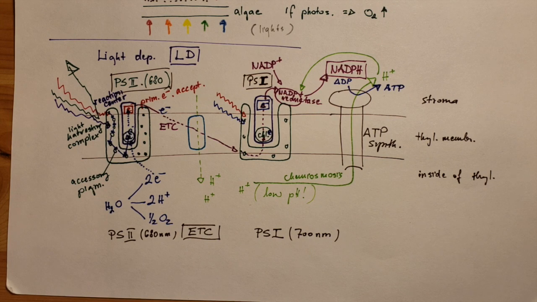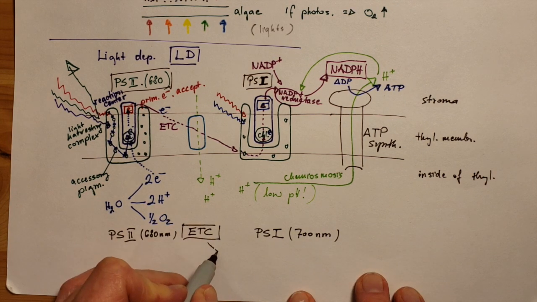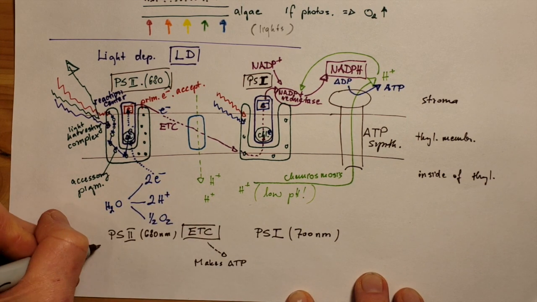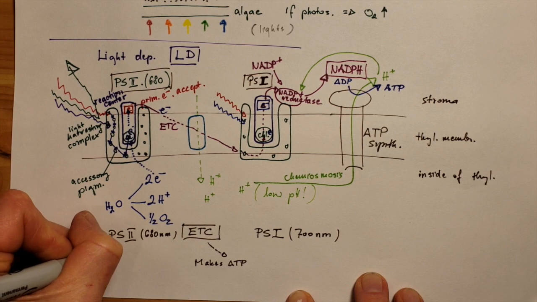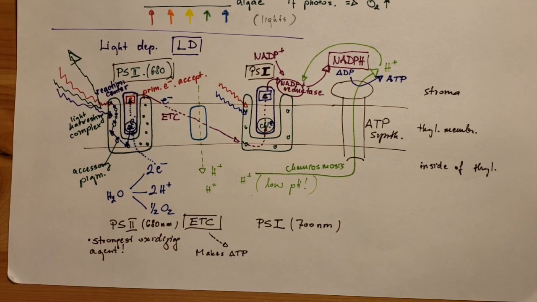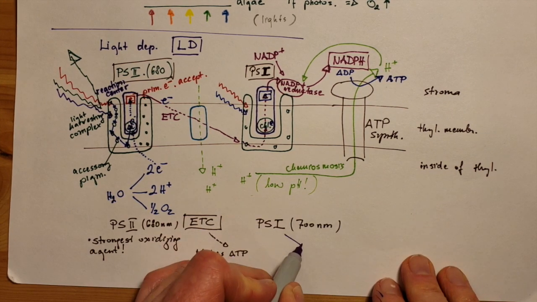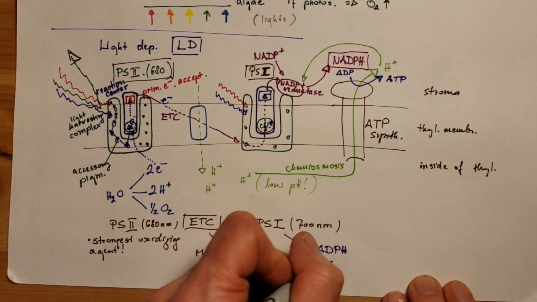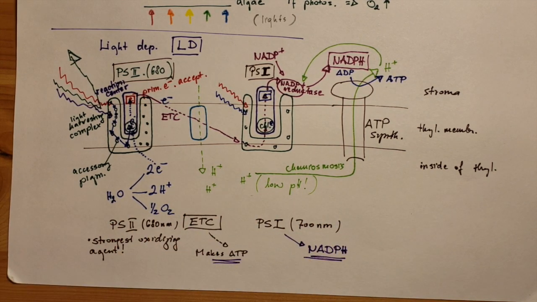The PS2, the chlorophyll A inside, takes away the electron from the oxygen, although we know that oxygen is really a strong oxidizing agent. The electron transport chain makes the ATP, and the PS1, the photosystem 1, is responsible for making the NADPH.